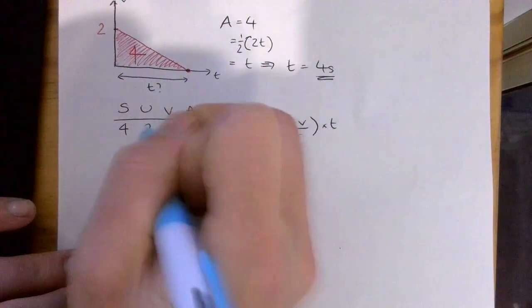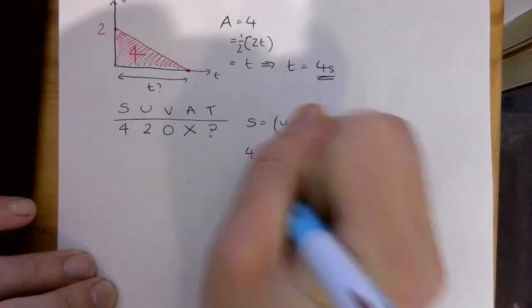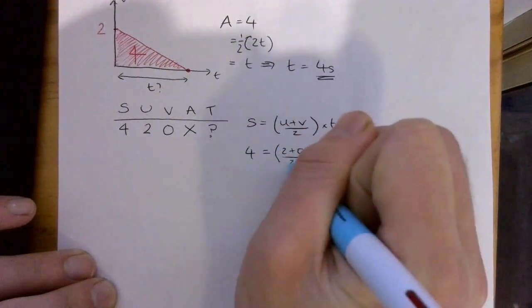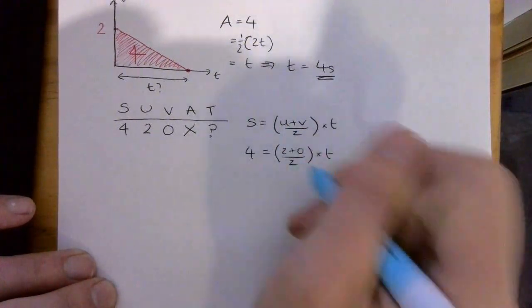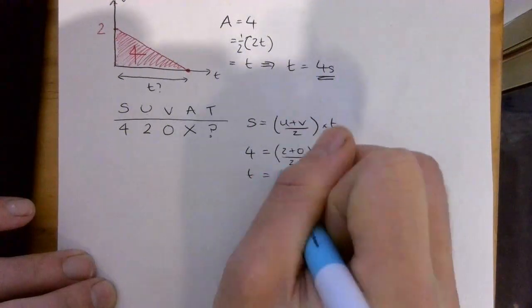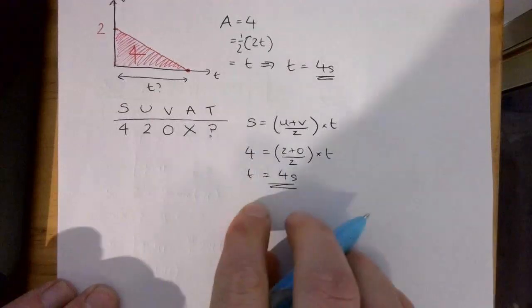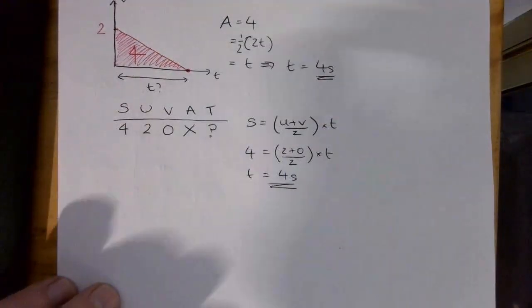And if we were to substitute all these values into this equation, that's 4 equals 2 plus 0 over 2 times t. 2 plus 0 over 2 is 1, so t equals 4. So another algebraic way to use the equation to get the same answer.